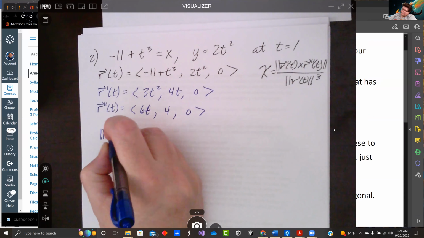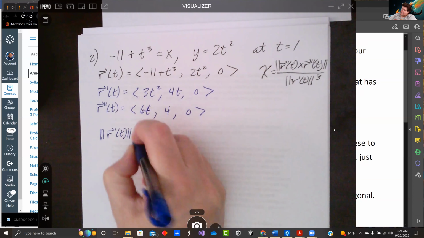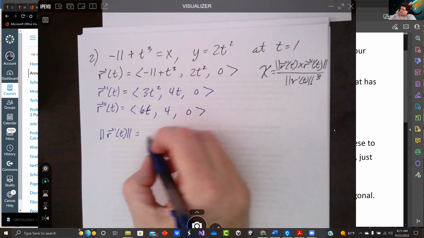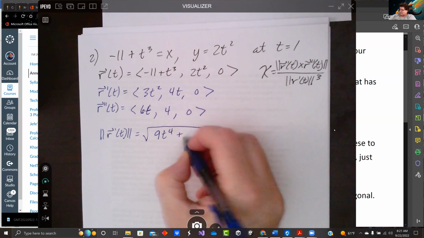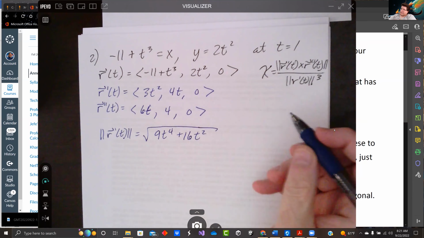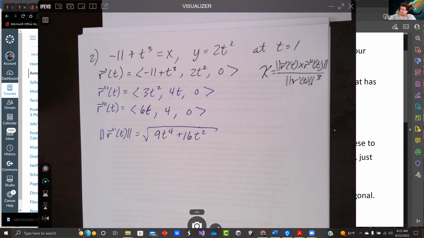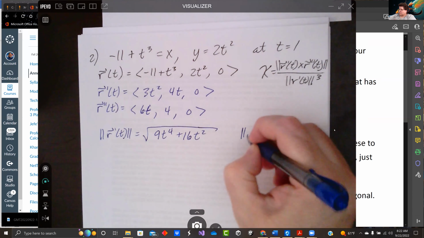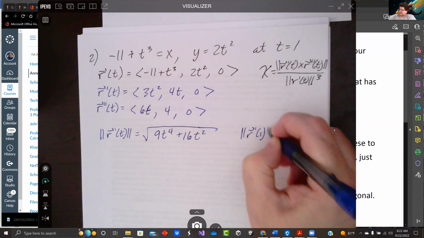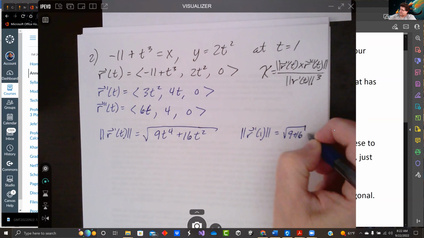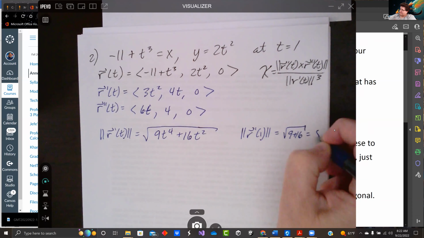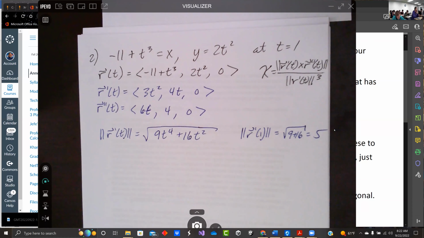Magnitude of r prime. And magnitude of r prime of 1, since it's at t equals 1, is square root of 9 plus 16, which is square root of 25.